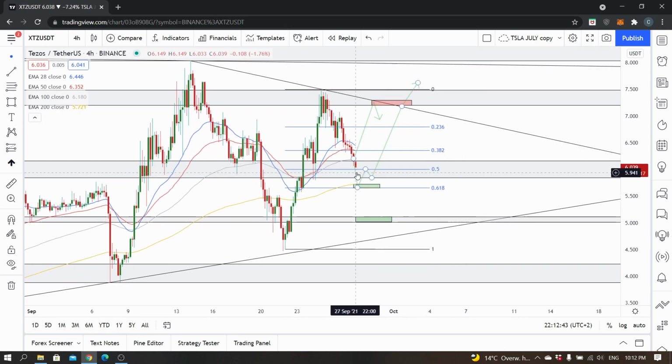What I think is more likely to happen is that the price goes down a little bit more and that it bounces on the 0.618 and the 200 EMA. And there's also a small key level here, but I haven't drawn it because I don't think it is that significant. So I do think that it breaks through this key level right here, and then it immediately finds enough bullish momentum to at least bounce off of this, possibly to the 0.5 Fibonacci.